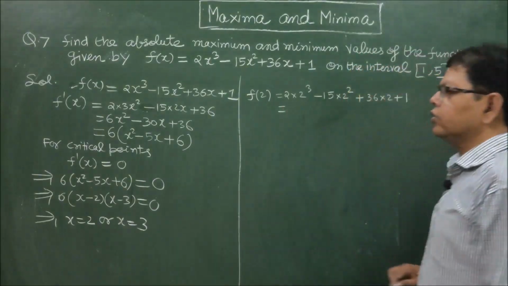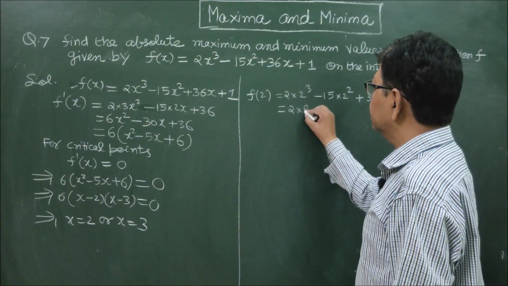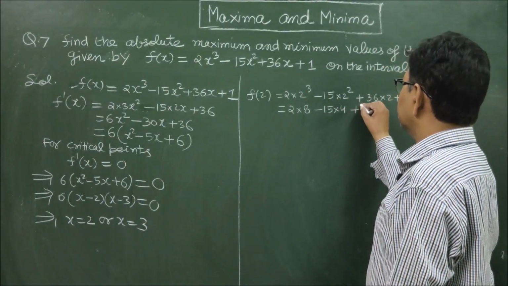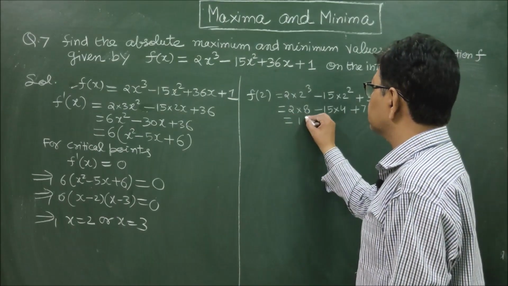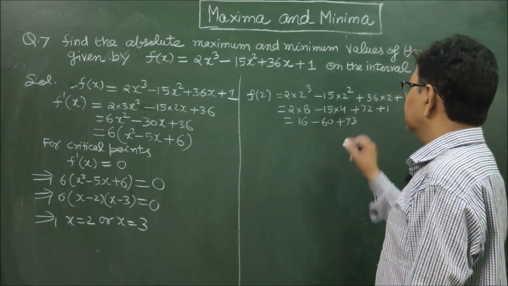So this is equal to 2 into 8, minus 15 into 4, plus 72, plus 1, which is equal to 16 − 60 + 73.